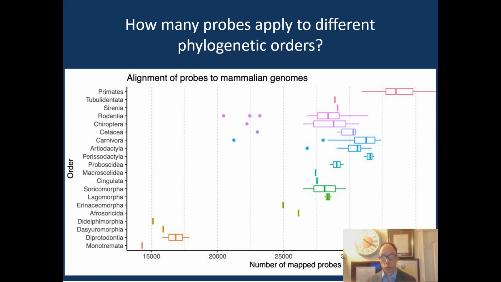The top row shows you primates, and typically the mammalian array profiles at least 33,000 cytosines in primate species. In rodents, you see we have about 28,000, in bats even more. However, as we go to evolutionarily very distant species, these monotremata, for example, we would have fewer than 15,000 cytosines.